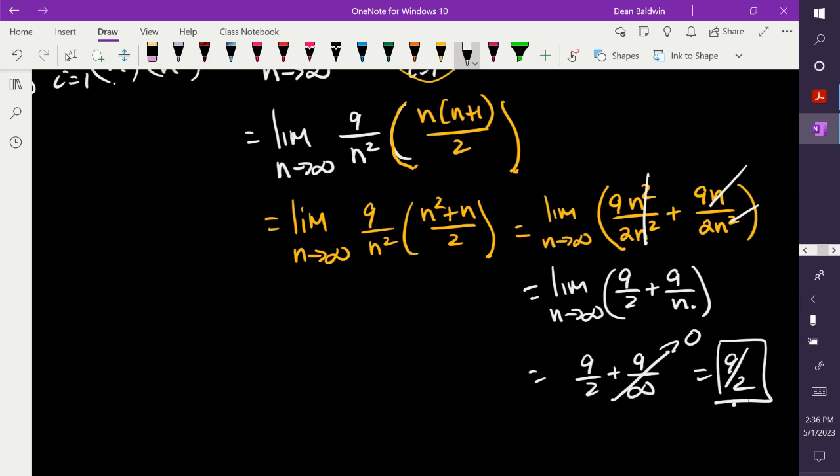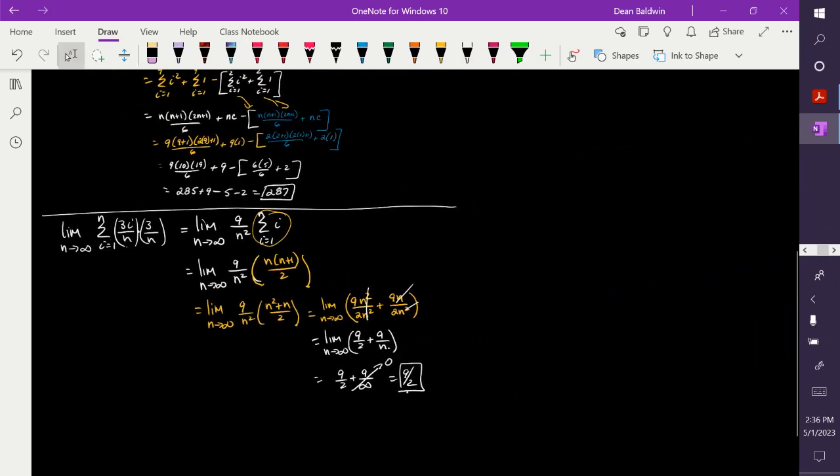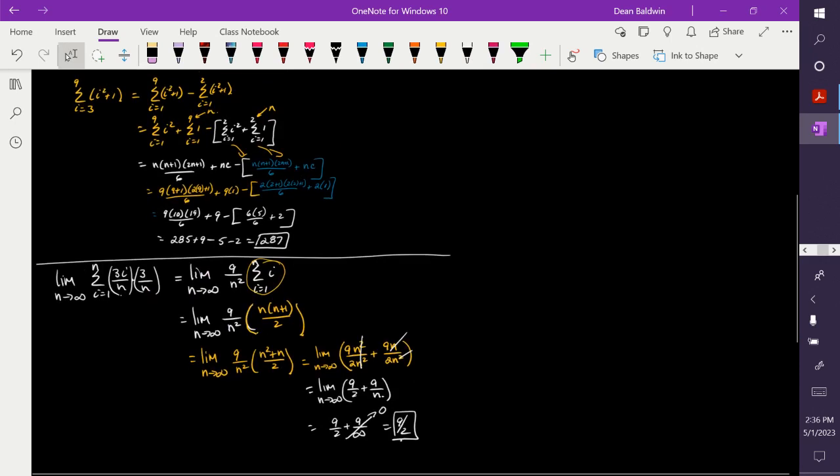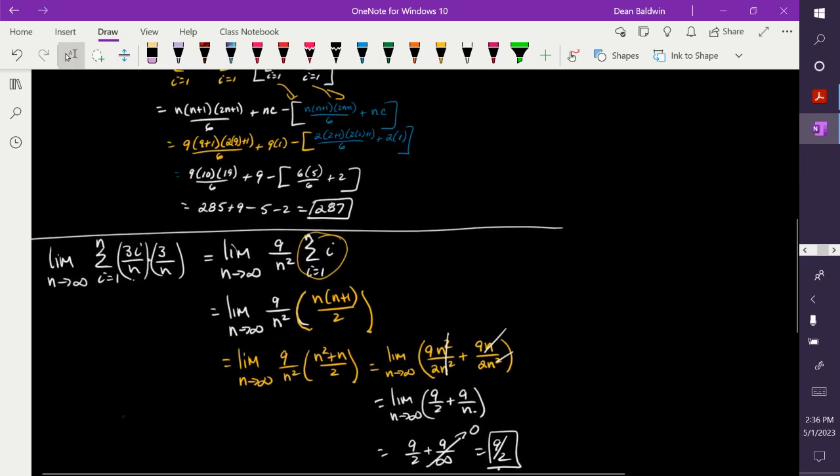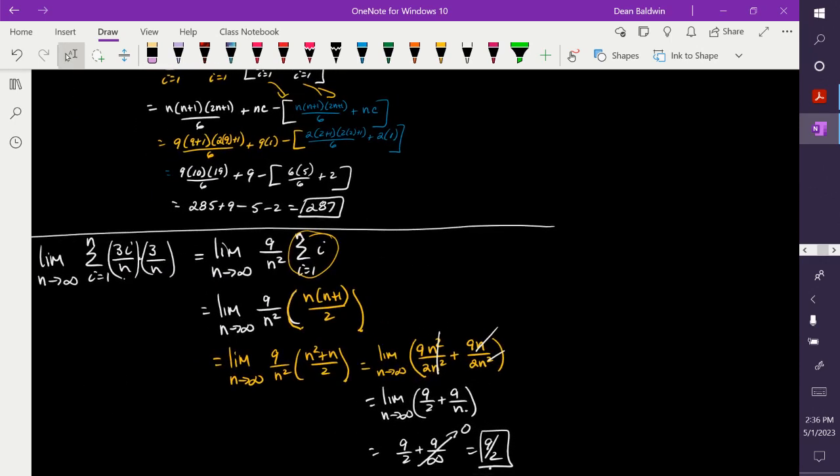Let's quickly go over this. When you get a question, first thing, pull constants out. You want to make what's in the sigma match one of your formulas. You only have 4 of them: if it's a constant, if it's i, if it's i squared, or if it's i cubed. If it's i plus 1 or i squared plus 1 or whatever, break it into separate sigmas.